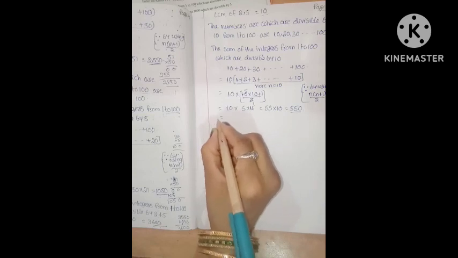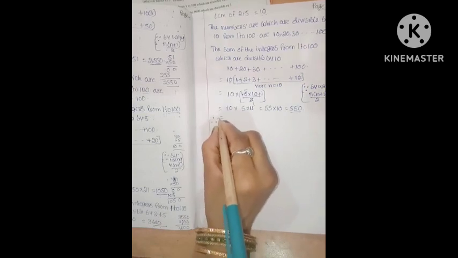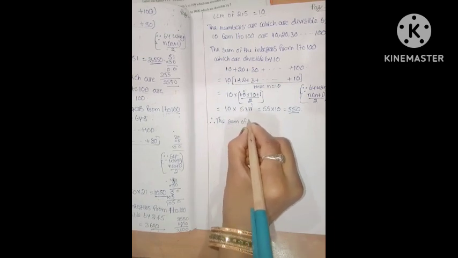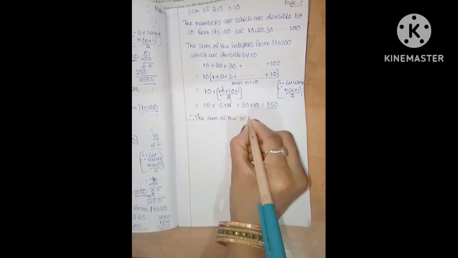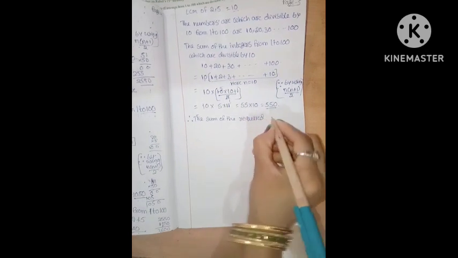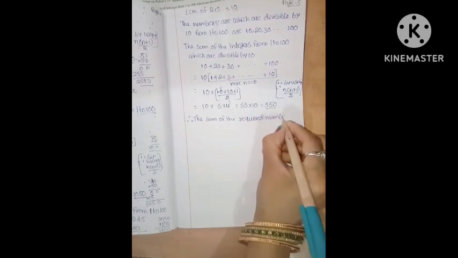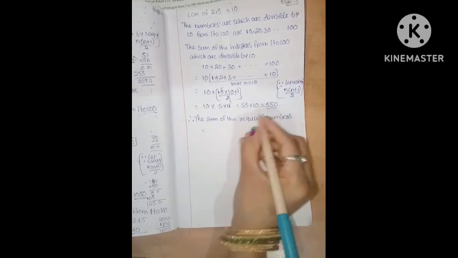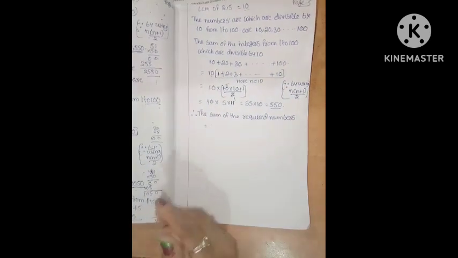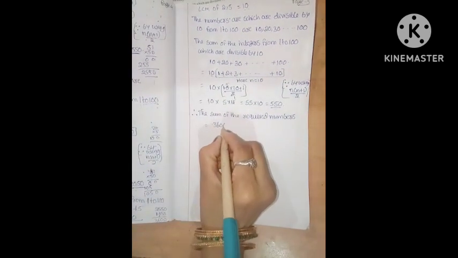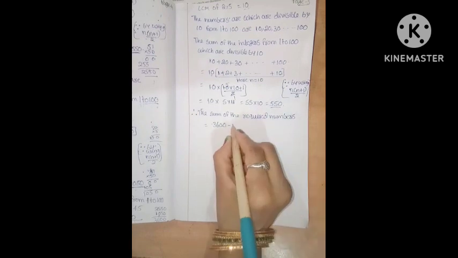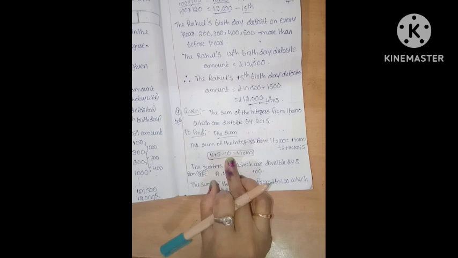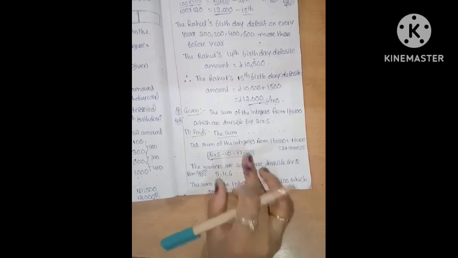So finally, the sum of the required numbers equals 3600 minus 550. This is 2 plus 5 minus 10, equal to the required numbers from 1 to 100.